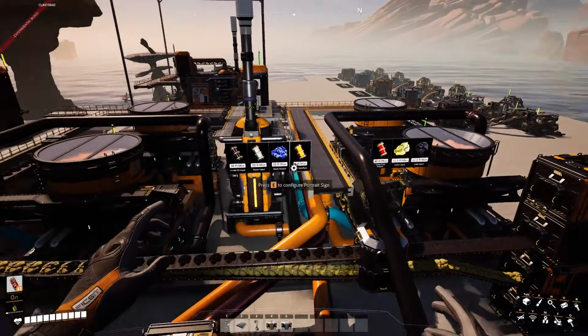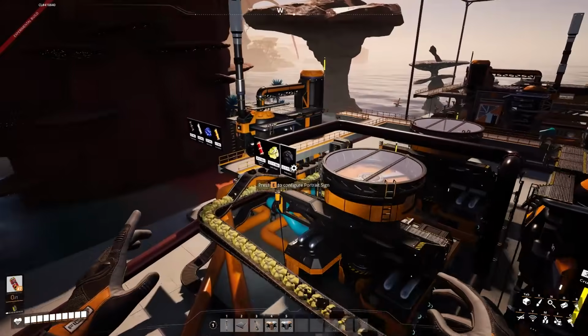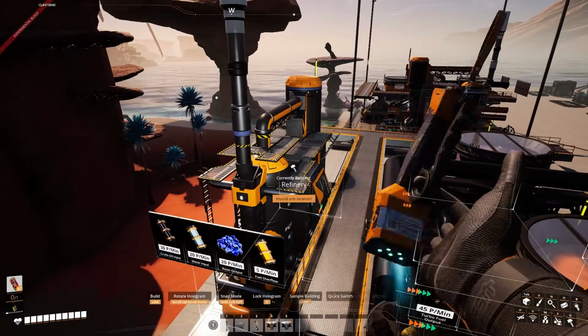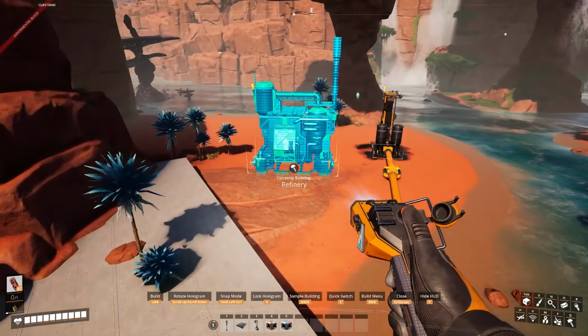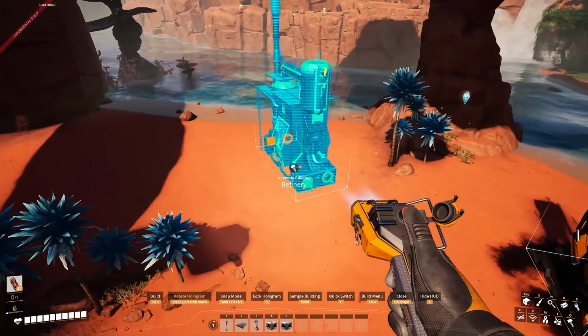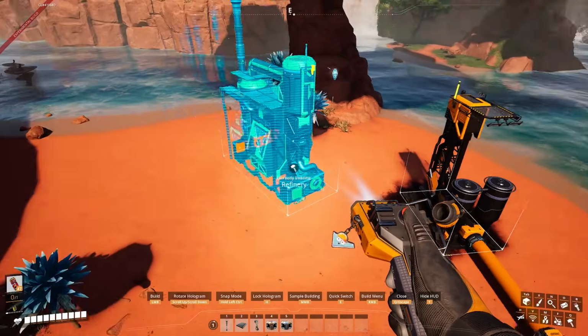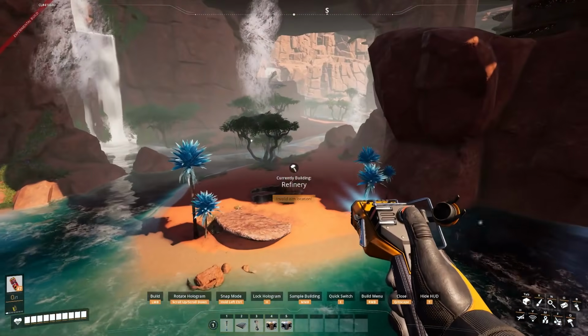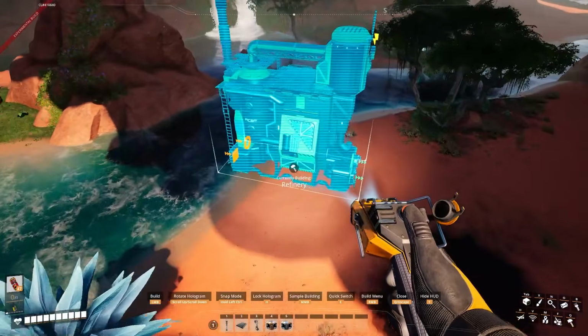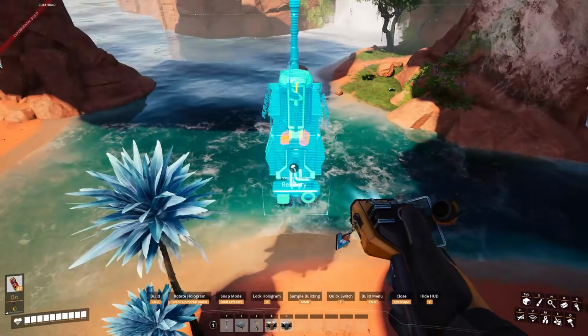But this is only when you're using blueprints. So let's just check this real quick. So we were talking about this one. Let's just throw this over here. Actually, there's one oil. Yeah, let's use this one right here.